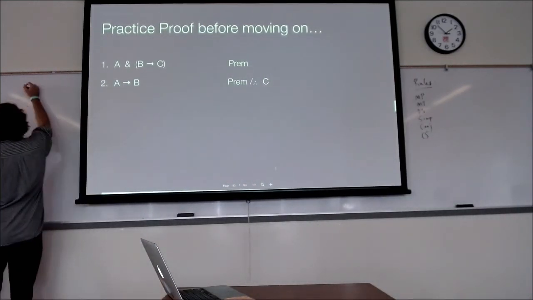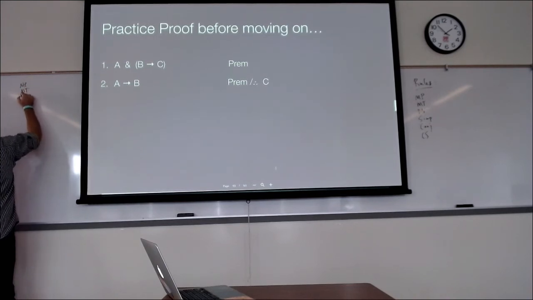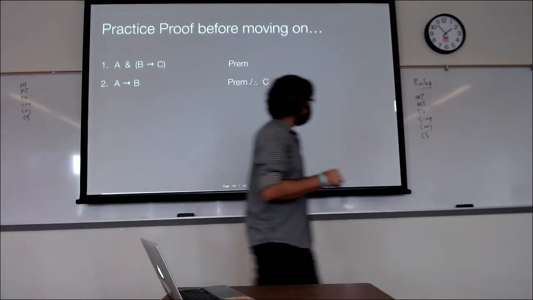We have NP, MT, DN, simp, conj, let's see, CS. 6 rules so far, is that right? 6 rules.